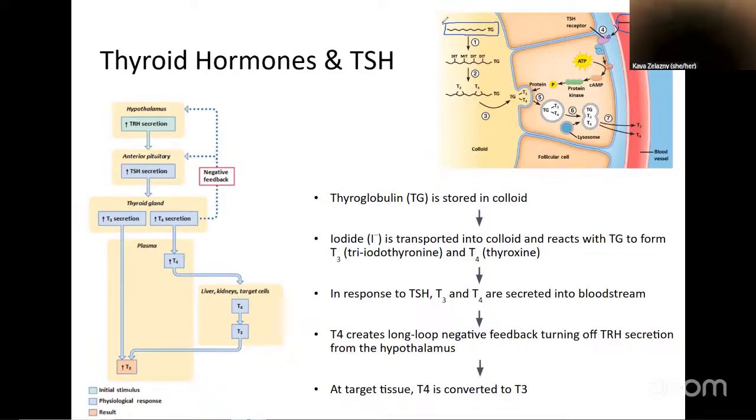This is our precursor to these two thyroid hormones. So when we get the signal from our blood, from our tropic hormones, we are going to modify this thyroglobulin. The way we're modifying it is we're going to be adding a bunch of iodine, and then we're going to split it apart into T3 and T4.